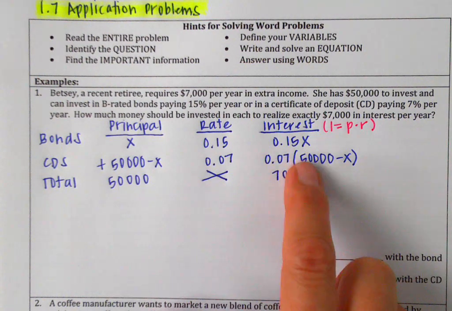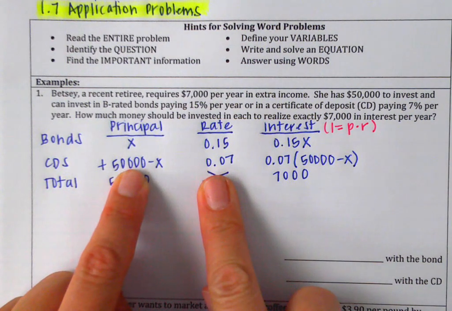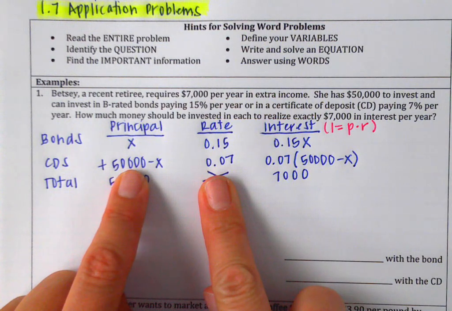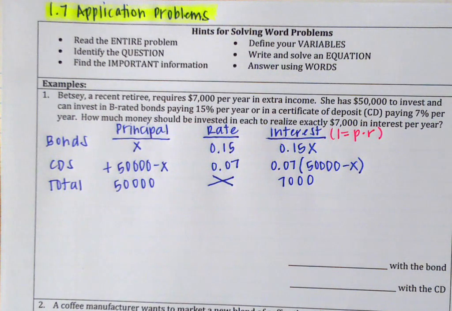No, why don't you change the x that the 50,000 is minusing to 0.15x? Or is that a separate thing? Oh, no, you're multiplying the rate times the principal for the CDs. And so right now we're putting CDs as 50,000 minus x. Oh. It's not the 0.15x.